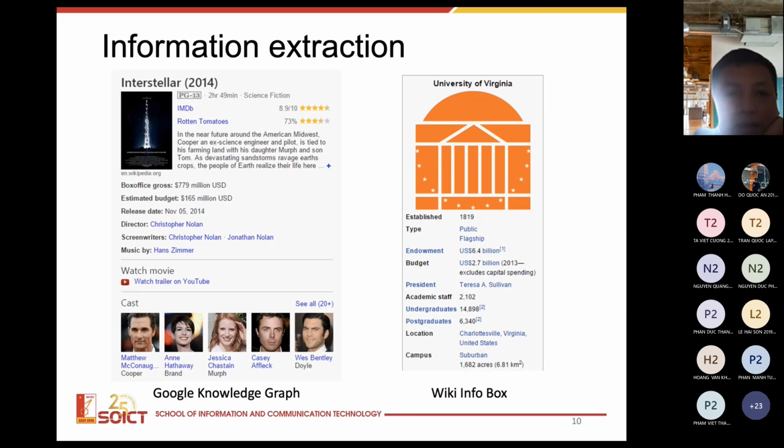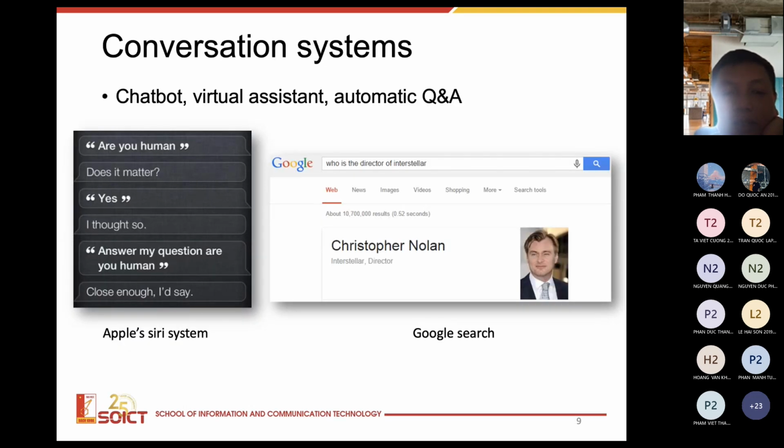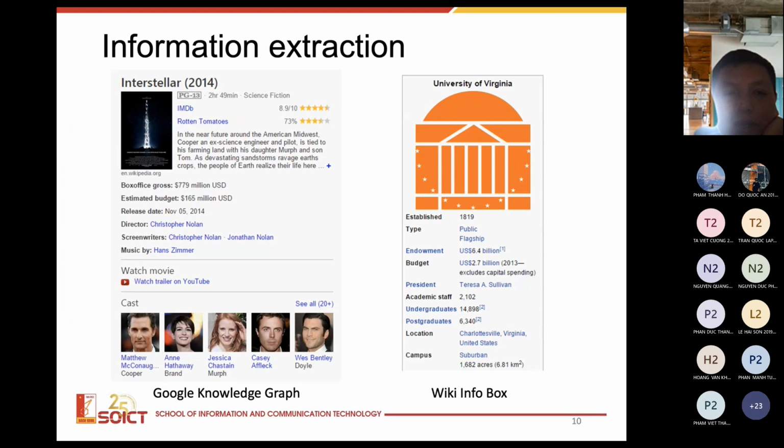Okay, this is an application of NLP in information extraction. So in order to return to you the correct information here, in the background there should be a system to extract the information from documents.